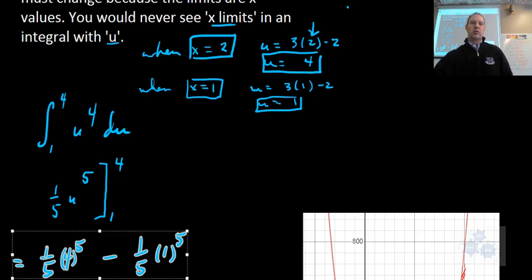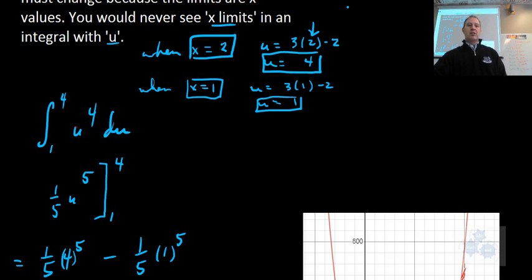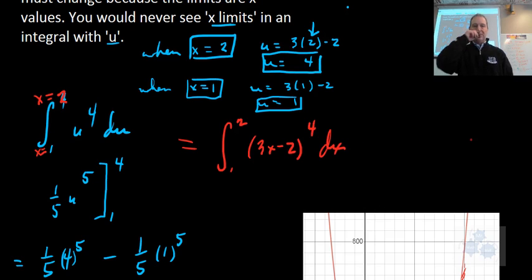So let me try and explain what I mean here. If you get to this u part, and let's say we still had x equals 1 and x equals 2, and you wrote that and you were clear on that, then you could say, I'm going to leave those limits, 1 to 2, and I'm going to write this as the integral of 3x minus 2 to the power of 4 dx. Okay? So you could do that, and then you would have to take the integral of this.